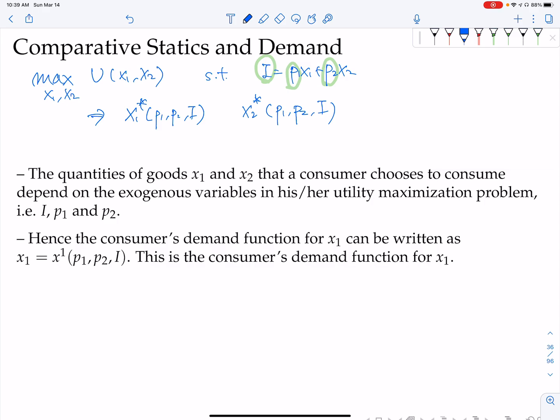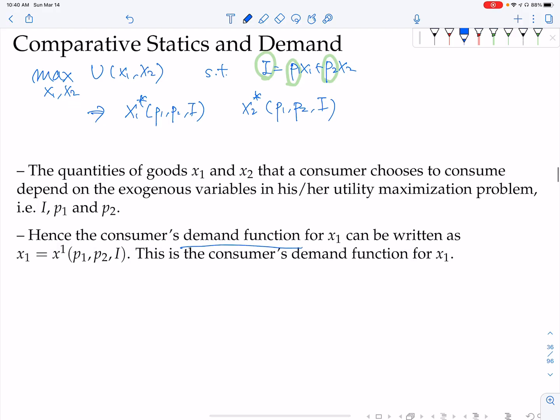If you consider all the possible P1, P2 and I, you'll be able to derive a function. That's how we get the demand function. When we say demand function, that usually means this one.